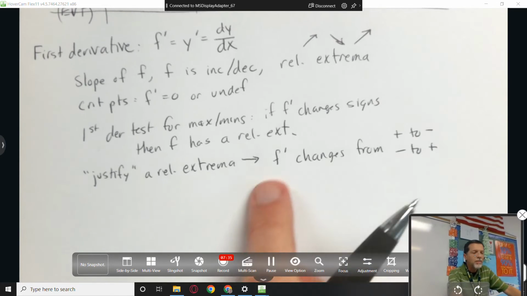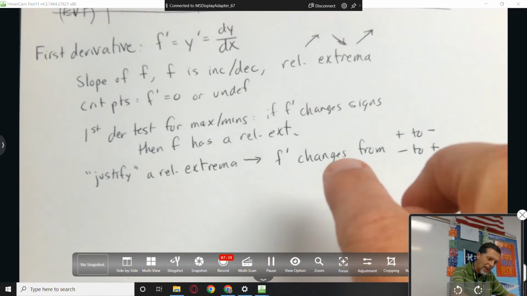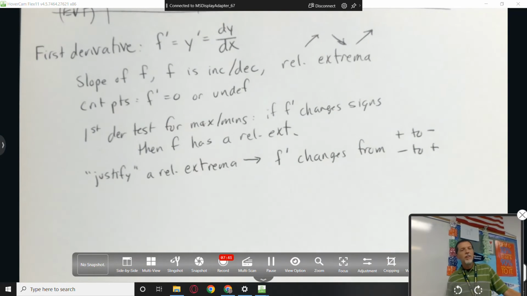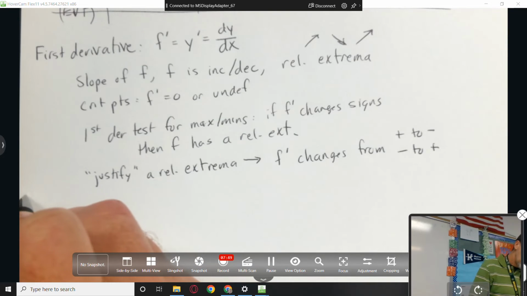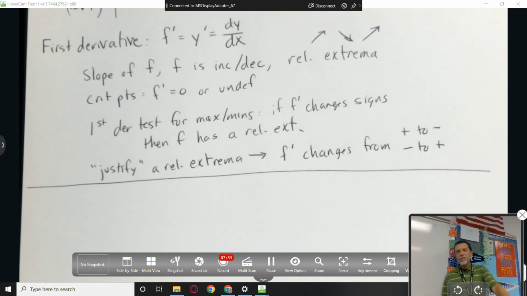But you need to say that. You don't just draw things and draw pictures. You have to say f prime changes from positive to negative or negative to positive. That's just unnecessary work in my eyes. All right, so all of that was first derivative stuff. Lots of stuff goes with first derivative.